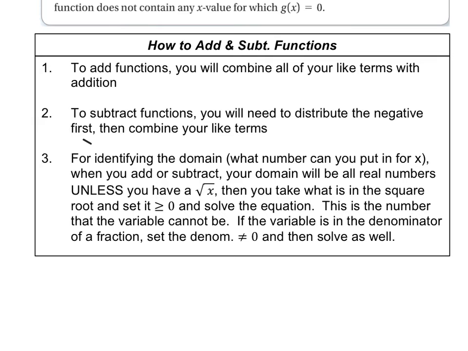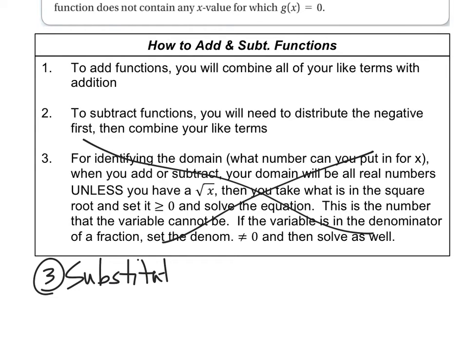So again, we're not worried about this third step, but the first step: if we're adding, then you're going to combine all your like terms with addition. Subtracting, you're going to distribute the negative first and then combine your like terms. And now, for step 3, we are going to substitute a number value at the end.